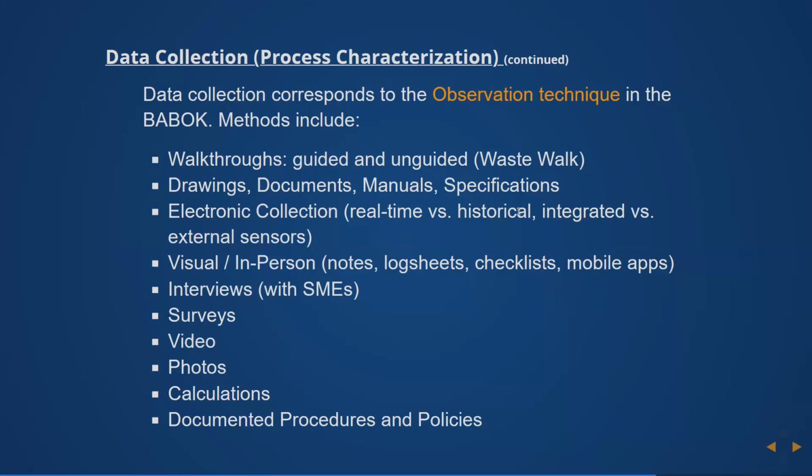So you can look at drawings, documents, manual specs, and whatever. I talked about different kinds of drawings. I looked over hundreds of them when I simulated nuclear power plants. We can do all kinds of collection of electronic information.